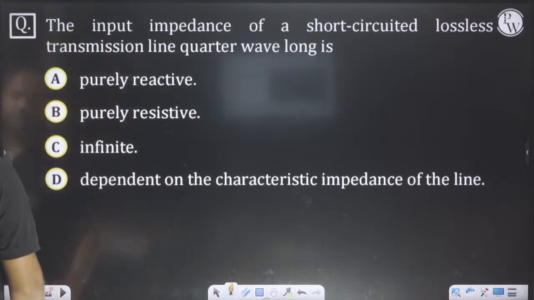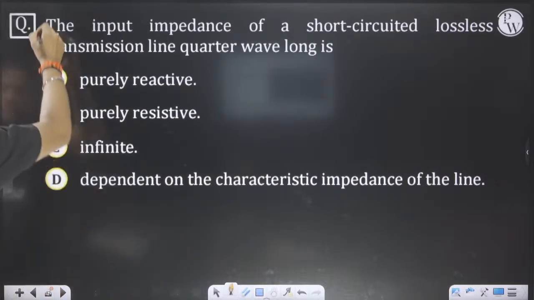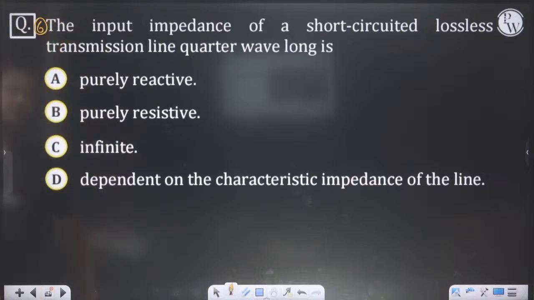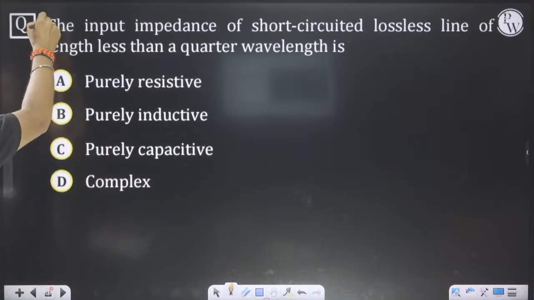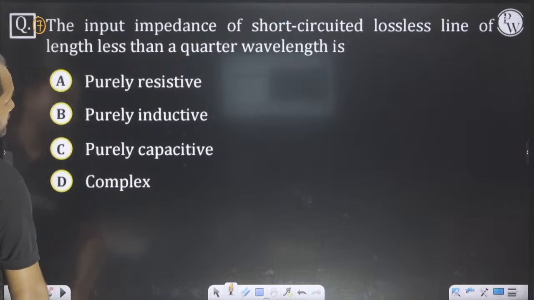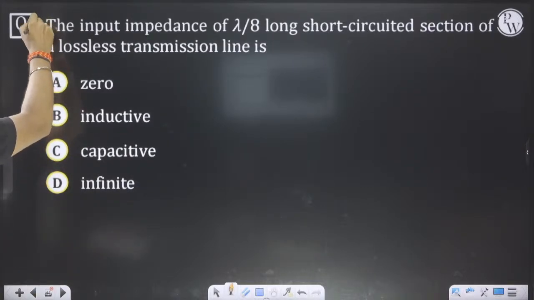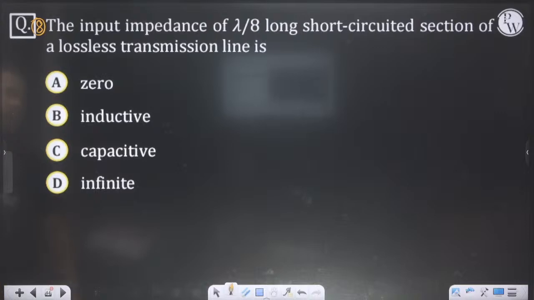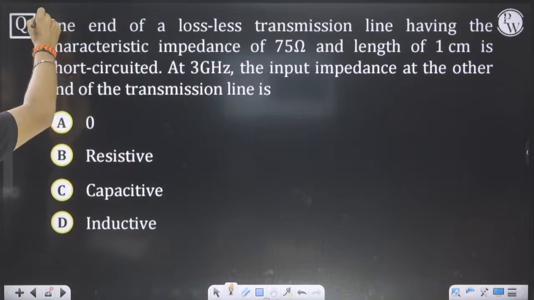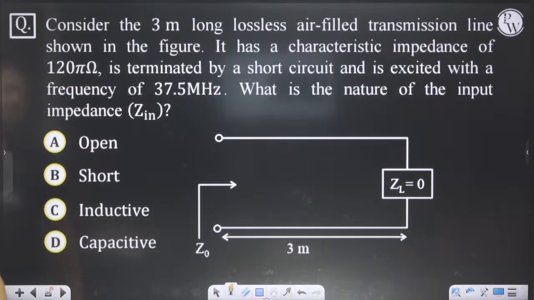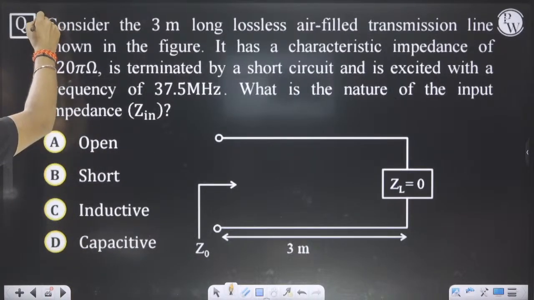This is question number 6. This is question number 7. You can go through question number 7 and question number 8. Pause the video, solve the question and come to the Monday class. I will discuss it. Question number 9. This is question number 10.